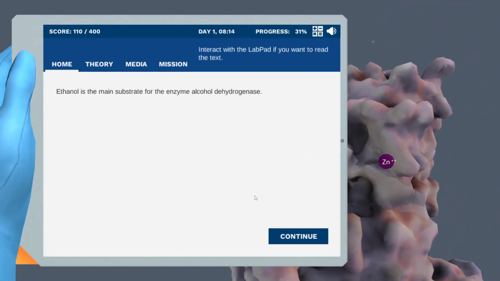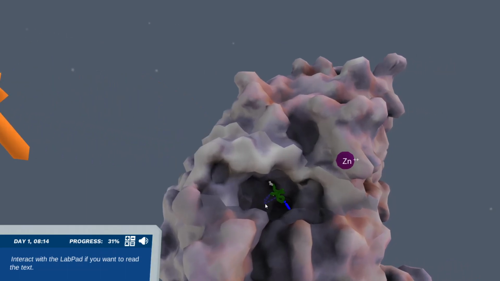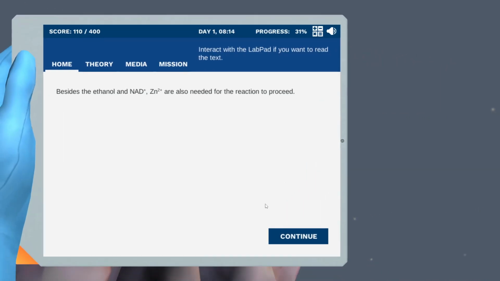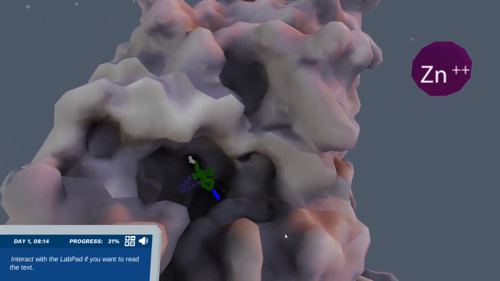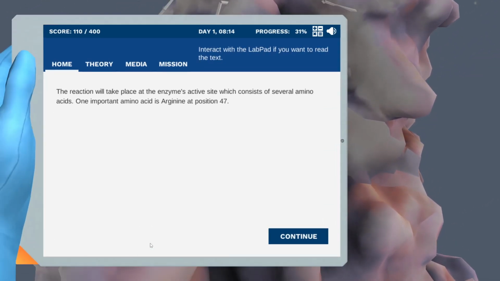Ethanol is the main substrate for the enzyme alcohol dehydrogenase. Besides the ethanol and NAD+, zinc ions are also needed for the reaction to proceed. The reaction will take place at the enzyme's active site, which consists of several amino acids.